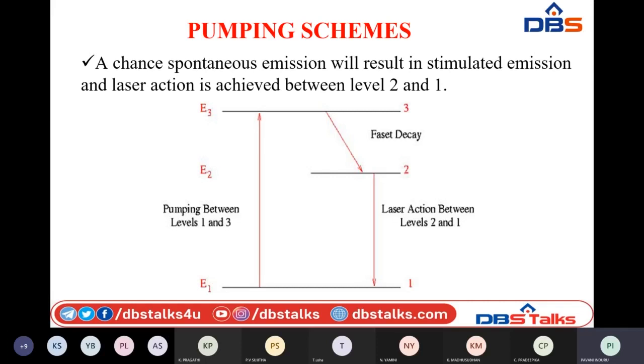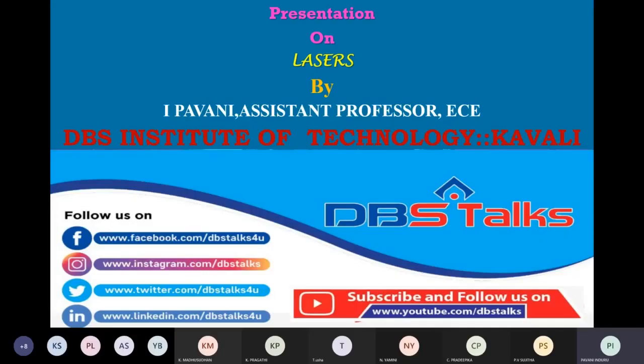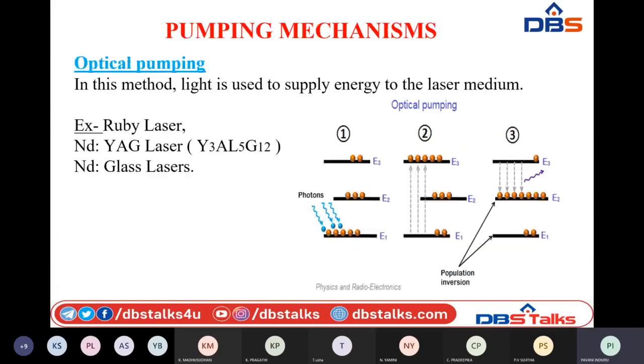And that is why we use another scheme, known as the 4-level scheme. In the 4-level scheme, we have 4 energy states: the ground state, the upper excited state, and the other 2 are metastable states.